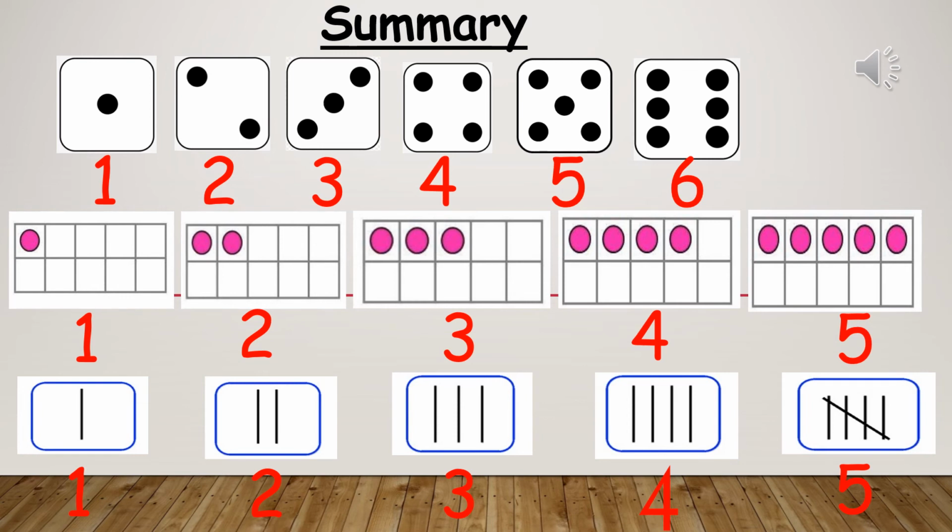We also learned that each telemark also represents a certain number. Today we learned numbers 1, 2, 3, 4, 5 and 6 for a dice and numbers 1, 2, 3, 4 and 5 for a 10 frame and telemarks.